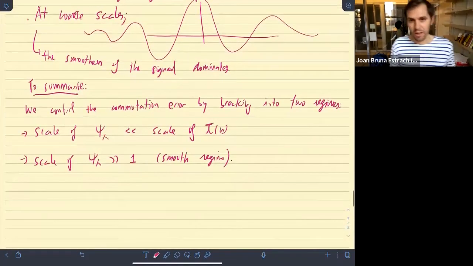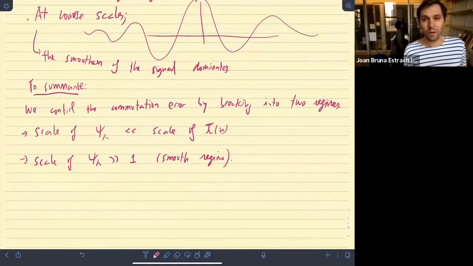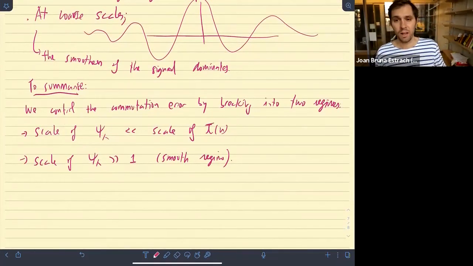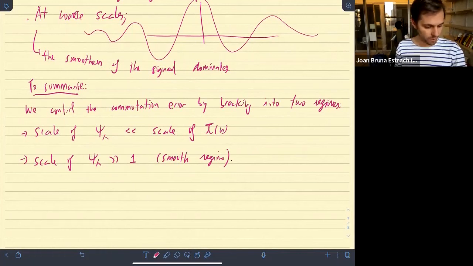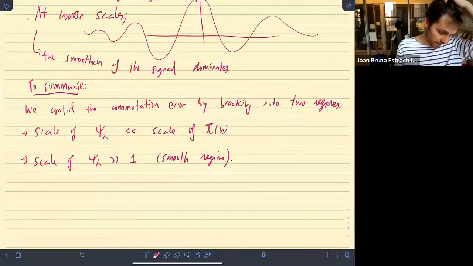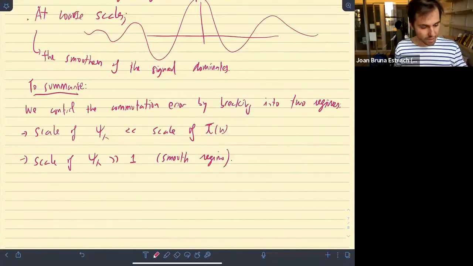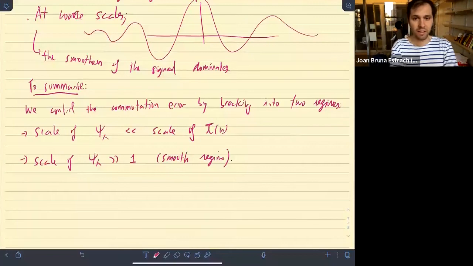And then that's not all, right? Because if you write down the commutation kernel, the kernel of this operator, you are separating it into two parts, but we still need to verify that these two components do not interact, that they are near orthogonal.